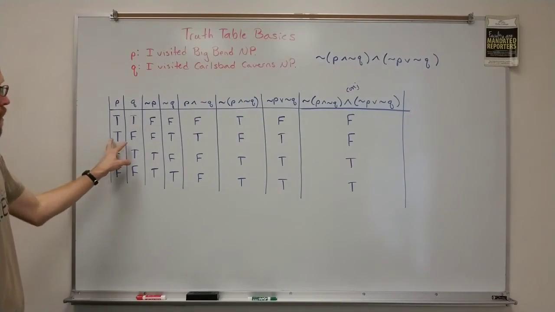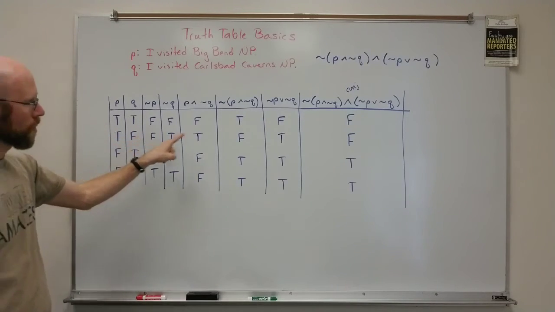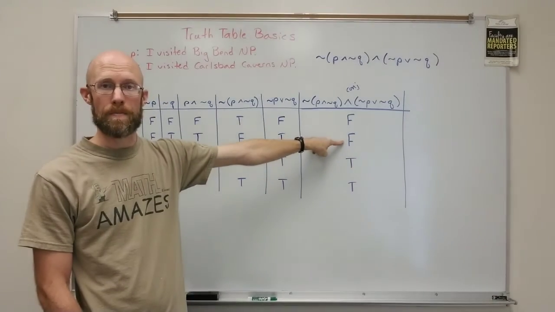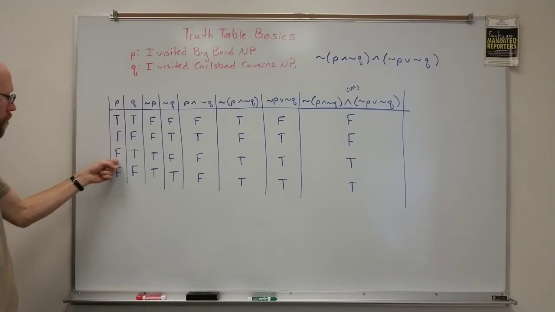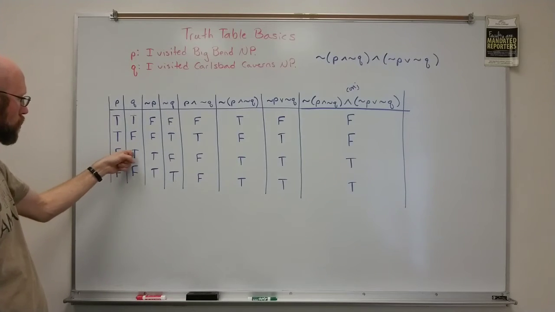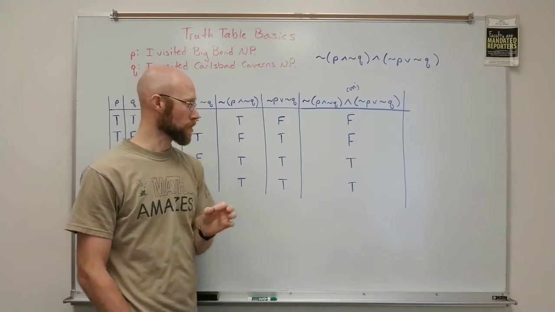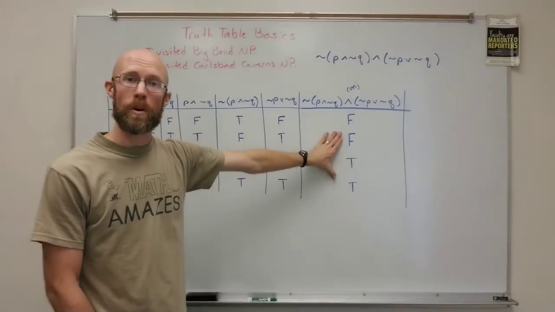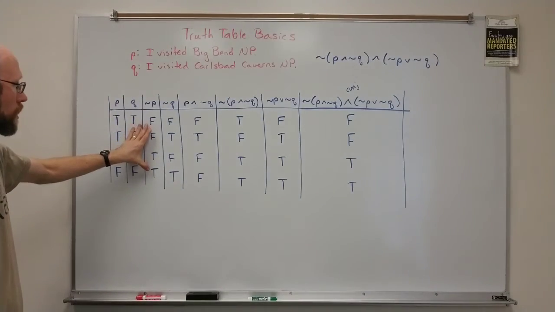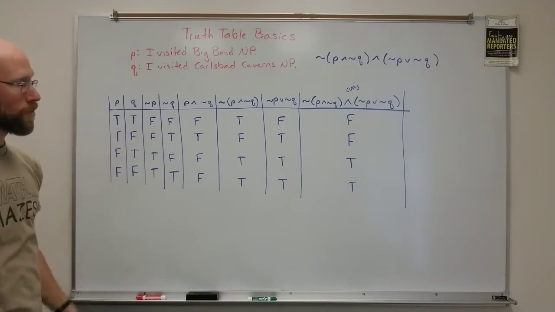If the P is true and the Q is false, then the complex statement is also false. If P were false, in either case here, false with a true or false with a false, this complex statement is true. So it's kind of interesting. This actually ends up equivalent to the not P column. If you notice, right? False, false, true, true. It's exactly equivalent to the not P column.